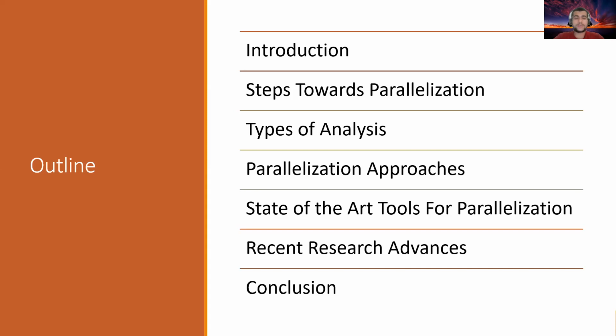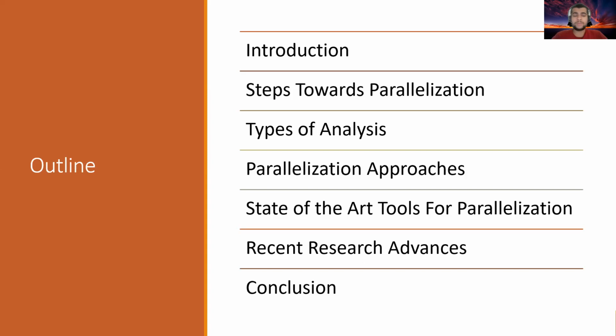Then we'll discuss some types of analyses that are performed on sequential code to extract important, vital information that allows us to convert that code from sequential to parallel. Then we'll go through some of the different approaches taken to achieve parallelization.